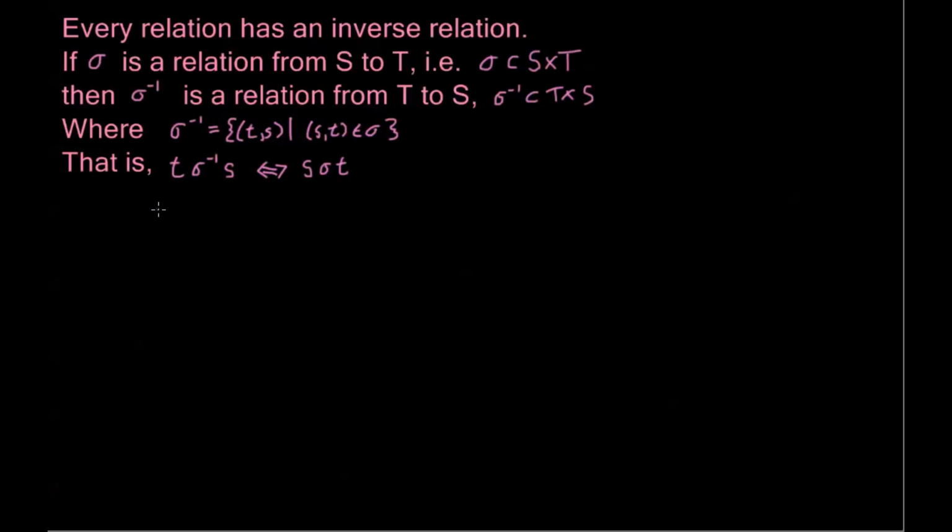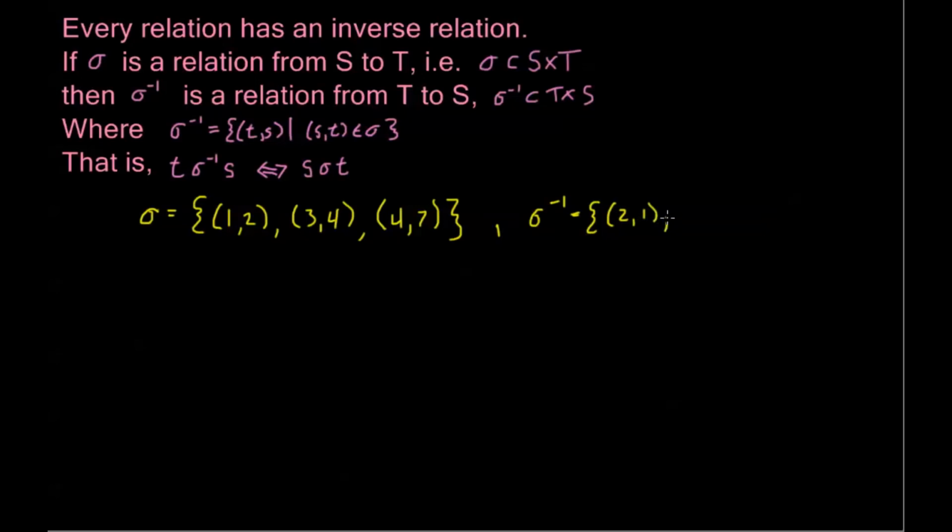If s sigma t, then t sigma inverse s. So for example, let's say that my relationship sigma is equal to (1, 2), (3, 4), (4, 7), something like this, between two different sets S and T. Then my sigma inverse corresponding to sigma is going to be the ordered pairs (2, 1), (4, 3), and (7, 4).